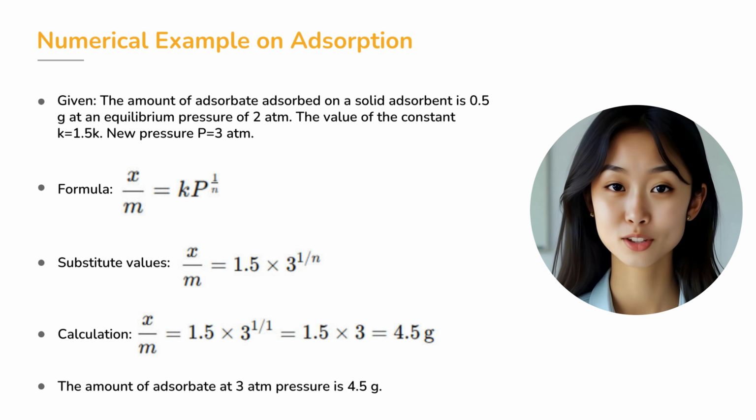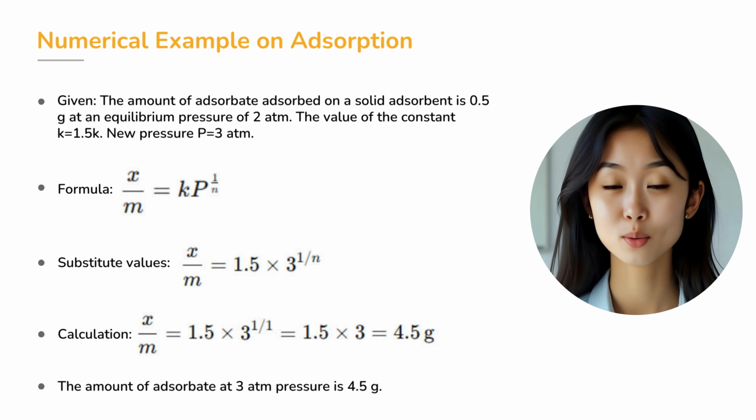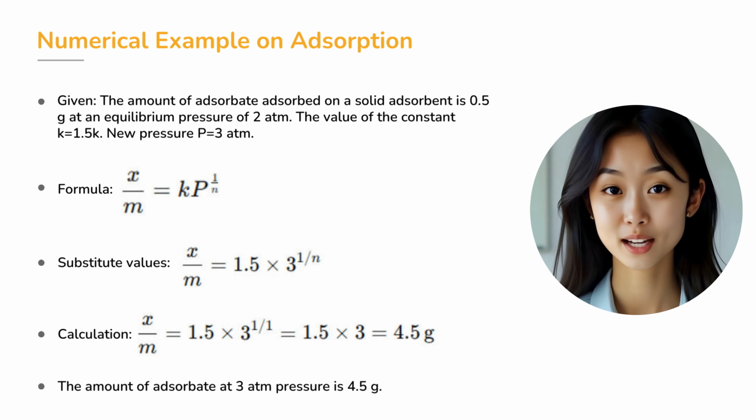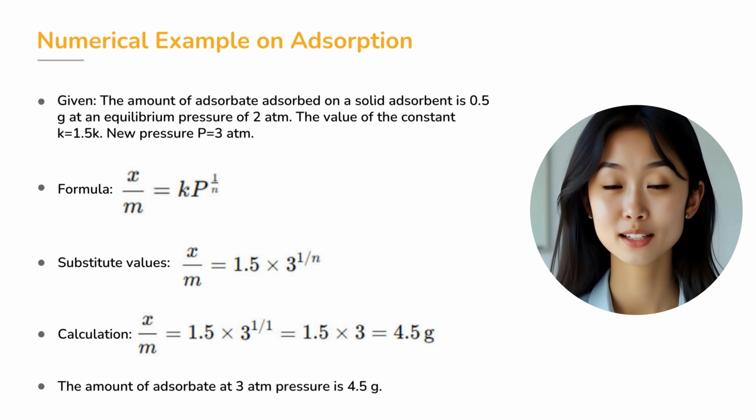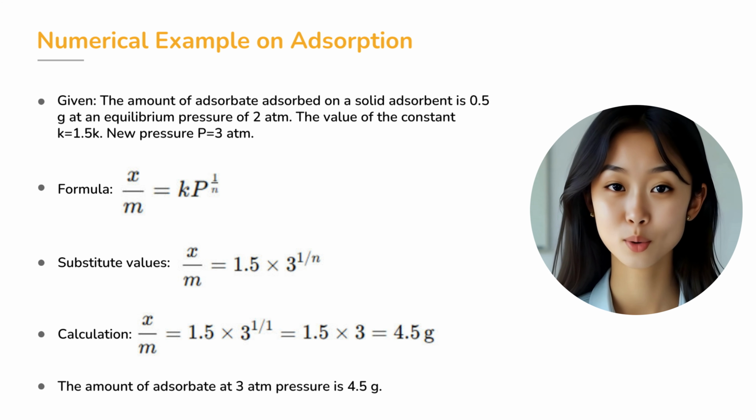Now, let's substitute the values we know into the equation. We are told that k equals 1.5, the new pressure p is equal to 3 atm, and n is equal to 1. So, the equation becomes x/m = 1.5 times 3^(1/1).